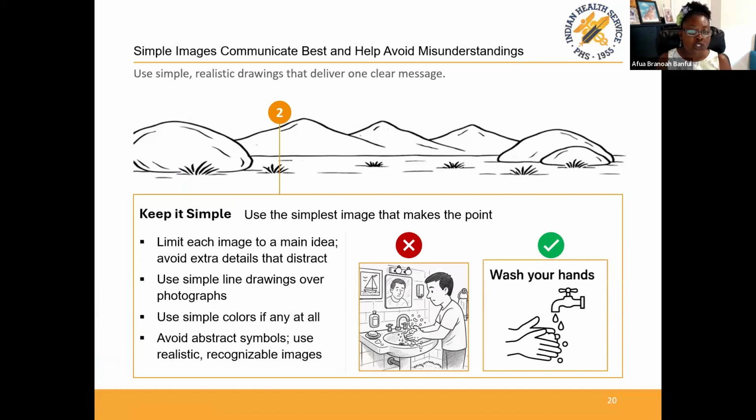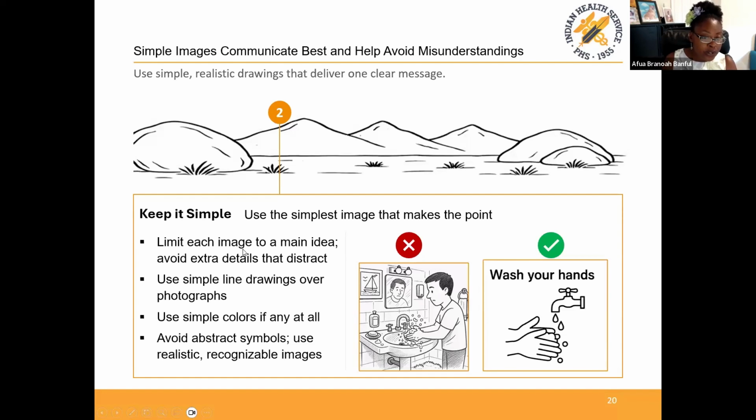Now let's go to this aspect of keeping it simple. Remember, simple is best to avoid misunderstandings. So use simple, realistic drawings that deliver one message at a time, right? Each image should have one main idea, avoid extra details.